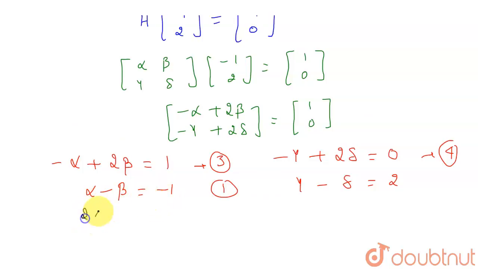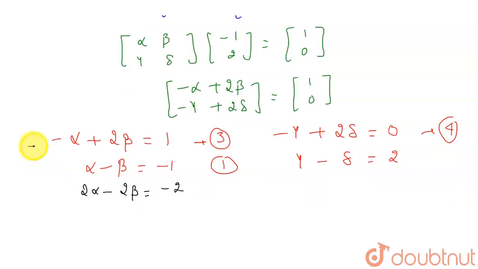This gives me 2 alpha minus 2 beta equal to minus 2. Now if I add these two equations, I get 2 alpha minus alpha gives alpha, minus 2 beta plus 2 beta gives 0, equal to minus 2 plus 1, which gives the value of alpha as minus 1.